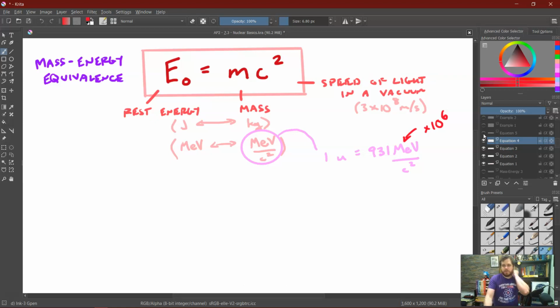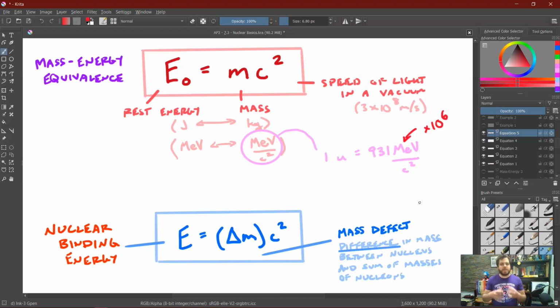Well, if I want the nuclear binding energy, that amount of energy is going to equal delta M times c squared, where delta M is what is known as the mass defect. And that is the difference in mass between the nucleus and the sum of the individual nucleon masses that it is composed of.